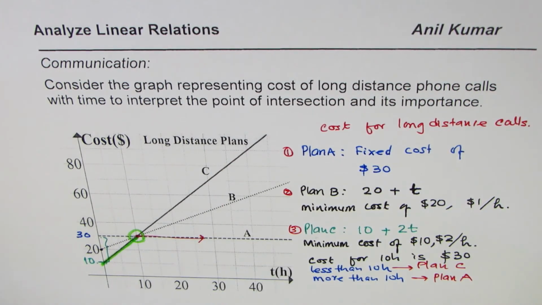And I hope you understand how the point of intersection helps us to figure out what plan we should choose so that we pay a minimum as per our requirements, right? So if we're not using the phone much, then plan C is a good plan, since the minimum cost is much lower, and plan A is best if you're calling for more than 10 hours.